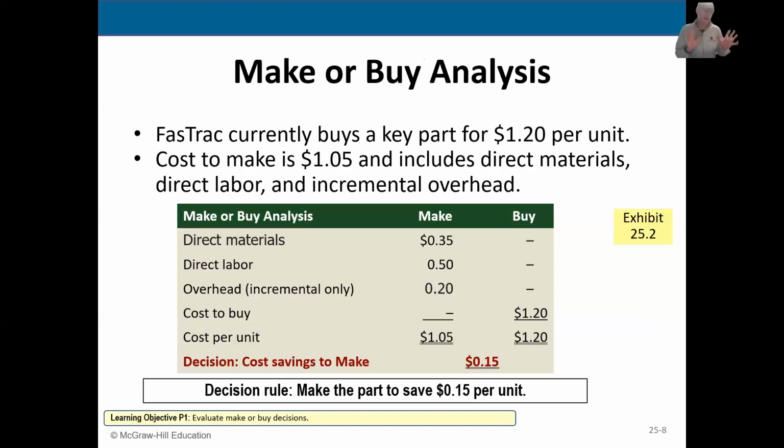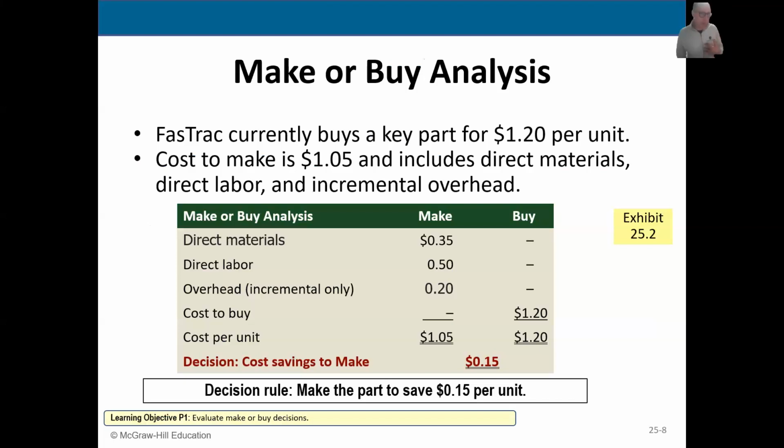We can buy a key part for this alternator for $1.20 per piece, or we can make it ourselves for $1.05, which includes direct materials, direct labor, and a little bit of overhead. So we run out the cost. To make it, it's $1.05: 35 cents for materials, 50 cents for labor, 20 cents for overhead. Or I can buy it for $1.20.